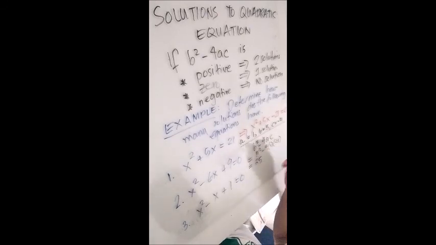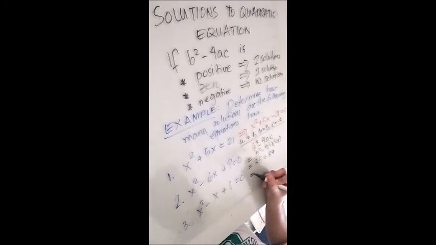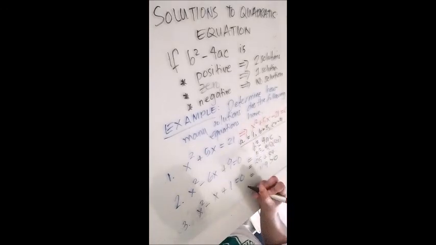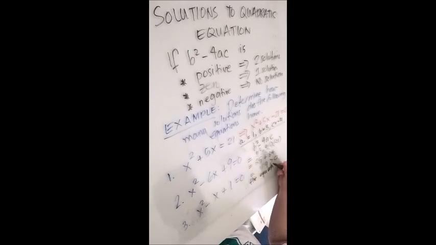Negative times negative is positive. 4 times 21 is 84. 25 plus 84 is 109. Is this greater than 0? Is this positive? Yes, this is greater than 0. Therefore, the equation has two solutions.